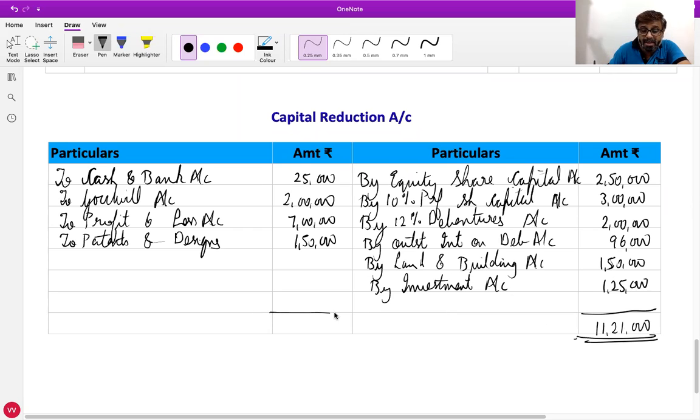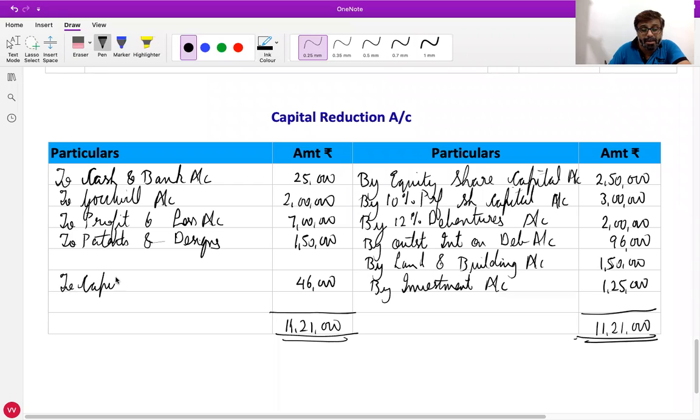Subtract the debit amounts and tell me the balancing figure. 11,21,000 minus 7 lakhs, 9 lakhs, 10 lakhs, 10,50,000, 10,75,000. So 46,000, is it? Is it 46,000 balancing amount? You all get 11,21,000 and 46,000, everyone? Yes, sir.